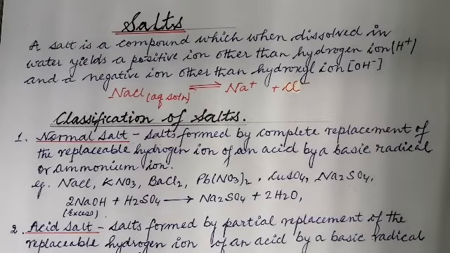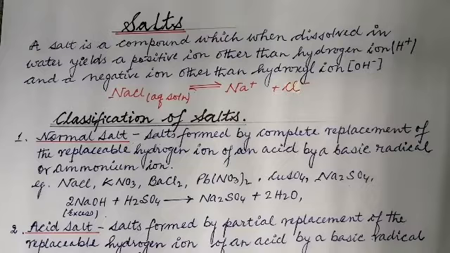First and foremost, what is a normal salt? Salts formed by complete replacement of the replaceable hydrogen ion of an acid by a basic radical or ammonium ion. Once more, salts that are formed by complete replacement of the replaceable hydrogen ion of an acid by a basic radical like metals or ammonium ion.